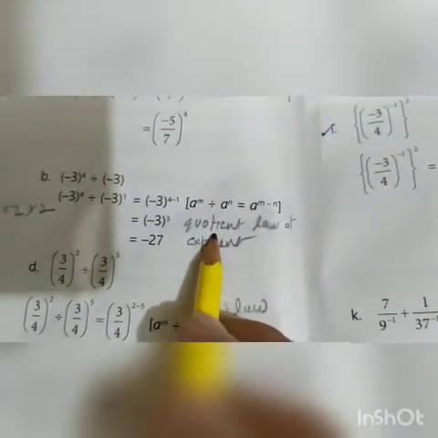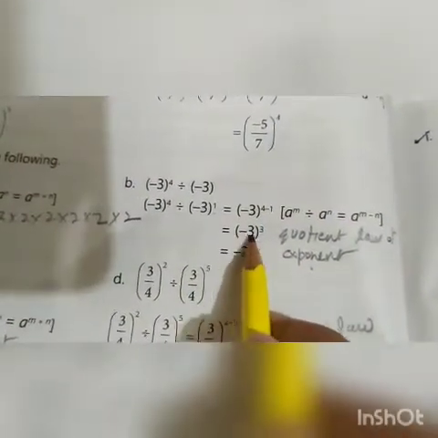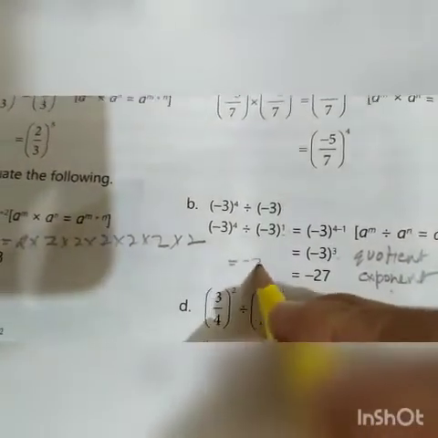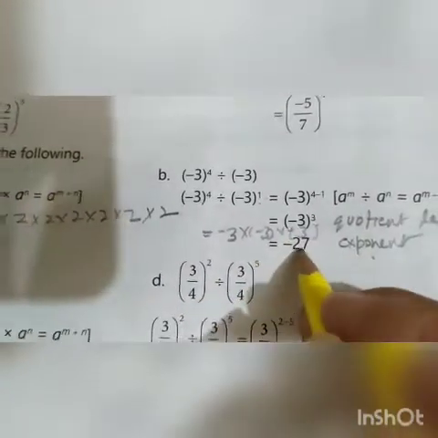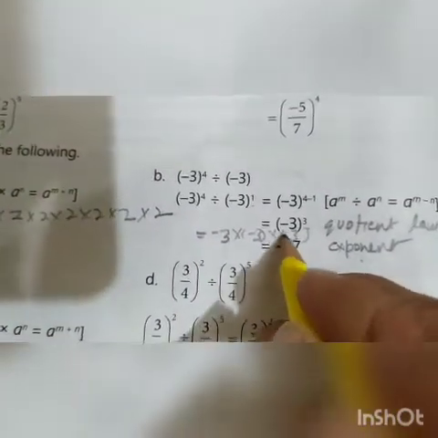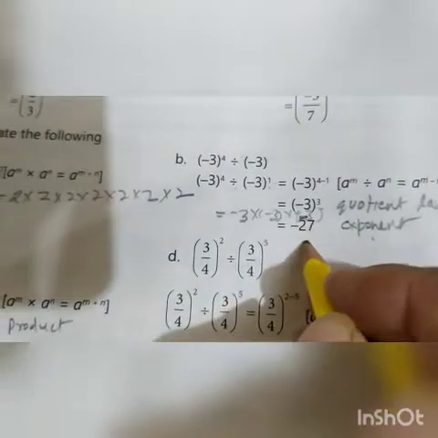It is known as quotient law of exponent. So it will become minus 3 power 3. Minus 3 power 3 means minus 3 multiply by minus 3 multiply by minus 3. Minus 3 multiply minus 3 is plus 9. Plus 9 multiply by minus 3 is minus 27.